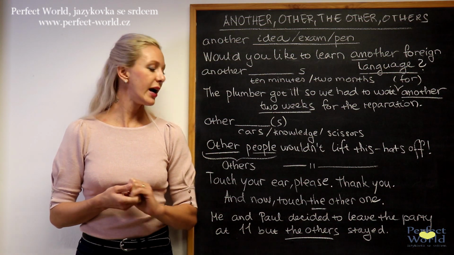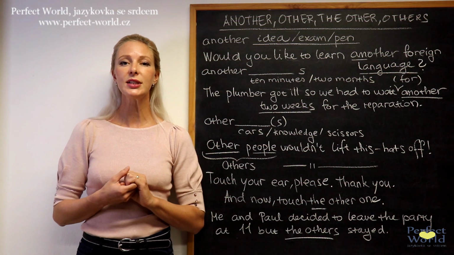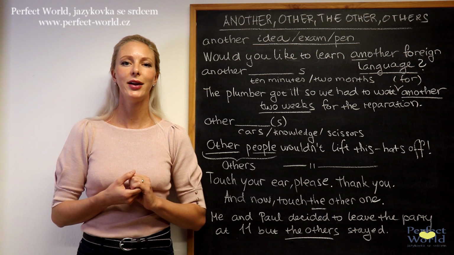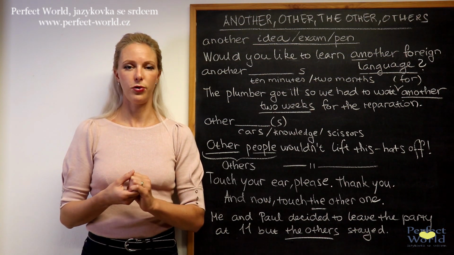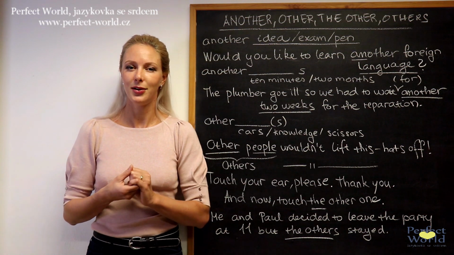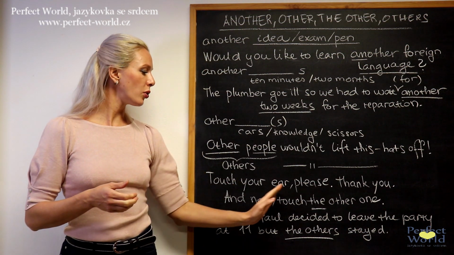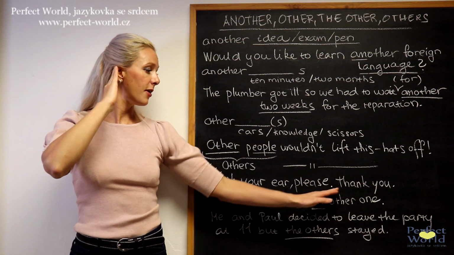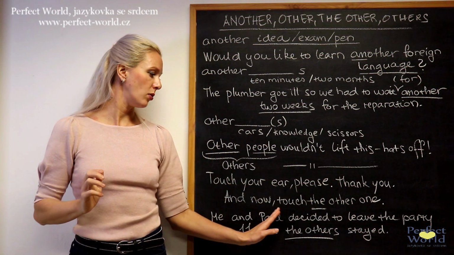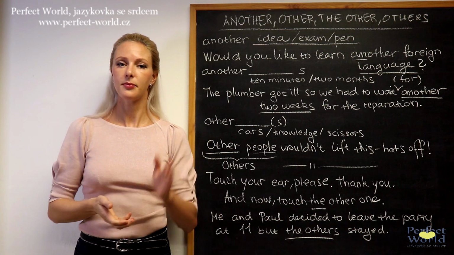And now let's have a look at the other. The other is used when I talk about something that I have a pair of. One person says, touch your ear, please. And I do it, and the person says, thank you. And now, touch the other one.